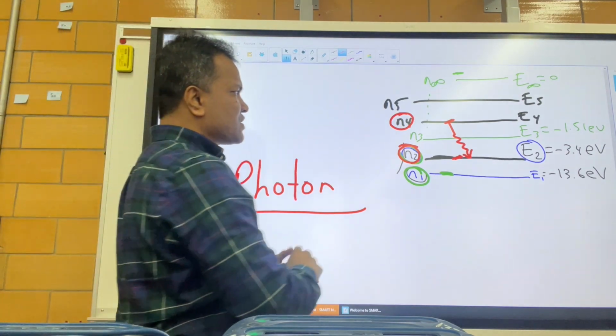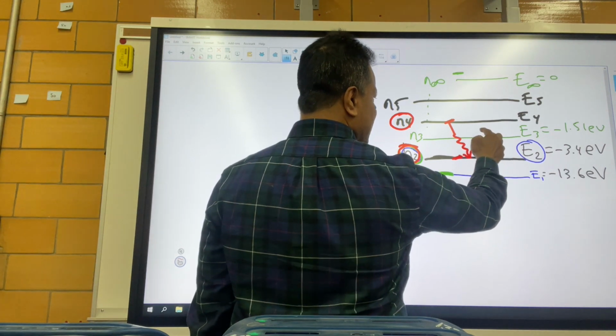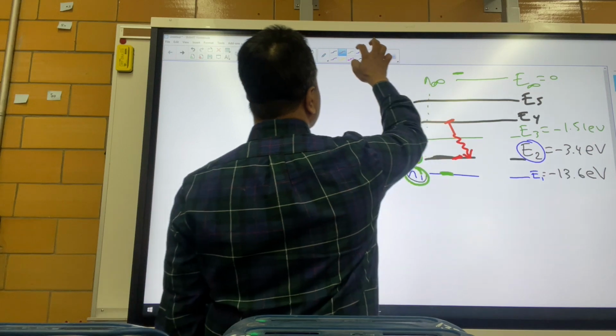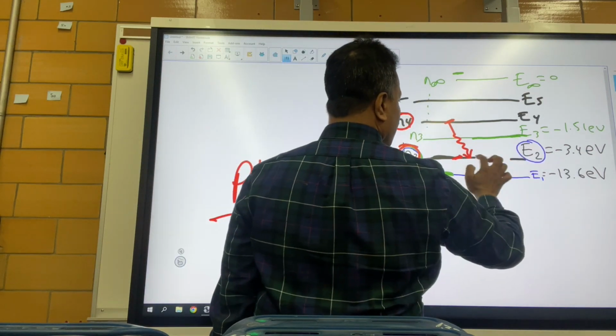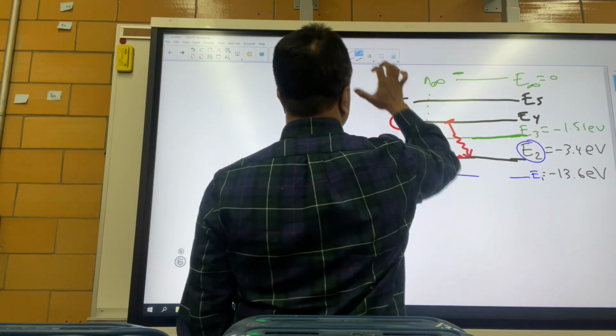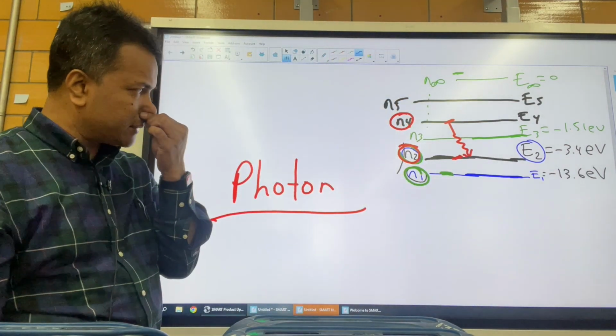However, the electron is not allowed to move from, let's say, this state. Okay, good.